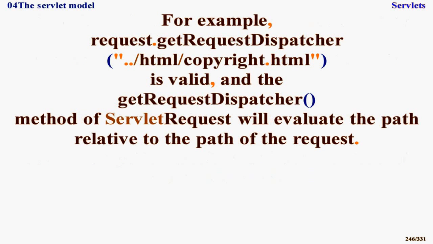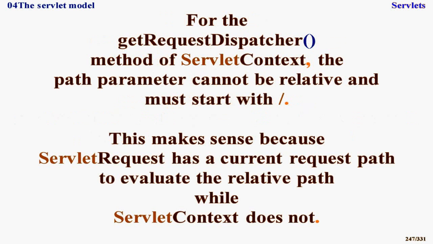For example, request.getRequestDispatcher("html/copyright.html") is valid, and the getRequestDispatcher method of ServletRequest will evaluate the path relative to the path of the request. For the getRequestDispatcher method of ServletContext, the path parameter cannot be relative and must start with a slash. This makes sense because ServletRequest has a current request path to evaluate the relative path while ServletContext does not.